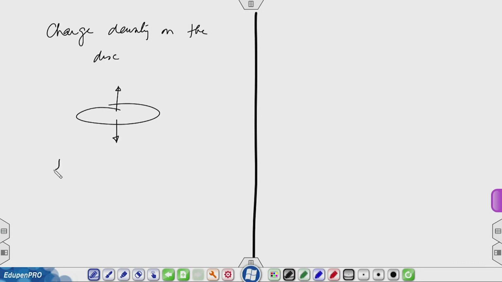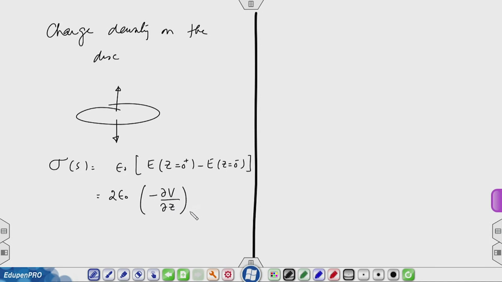So, charge density sigma(s) will be equal to epsilon 0 E at z equals 0 plus minus E at z equals 0 minus, I am writing only E, E will be only in z direction, and this will be equal to epsilon 0 times 2 minus dV dz at z equals 0.